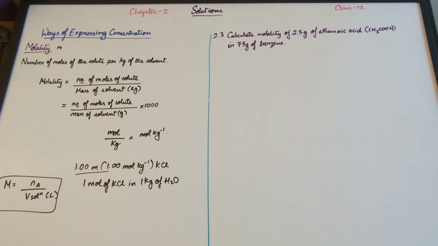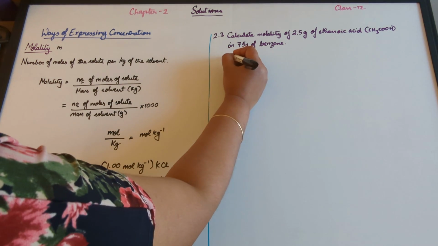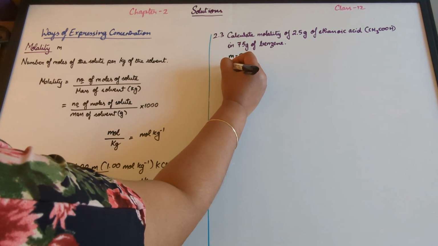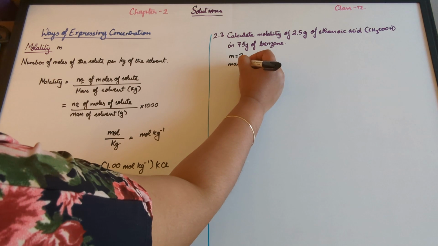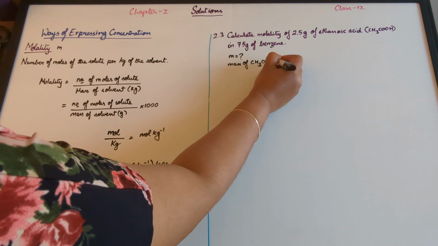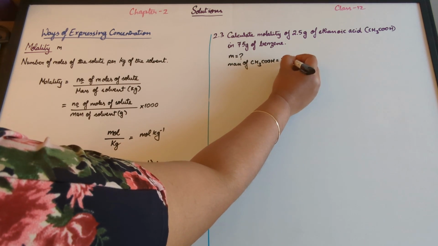Here we've been given question 2.3. Calculate the molality of 2.5 grams of ethanoic acid in 75 grams of benzene. So we have to calculate the molality, and we've been given the mass of ethanoic acid, CH3COOH, equal to 2.5 grams.